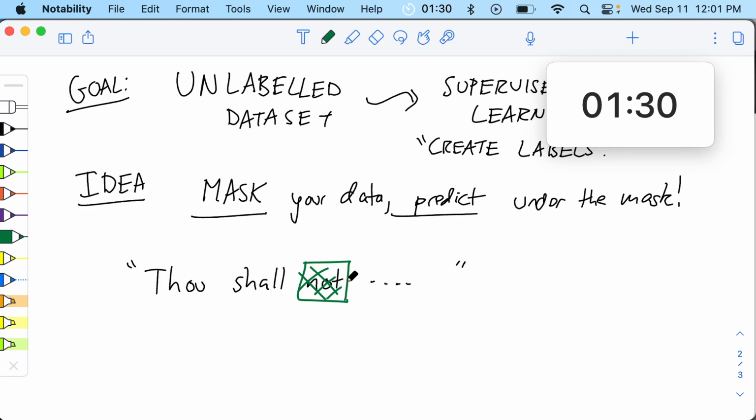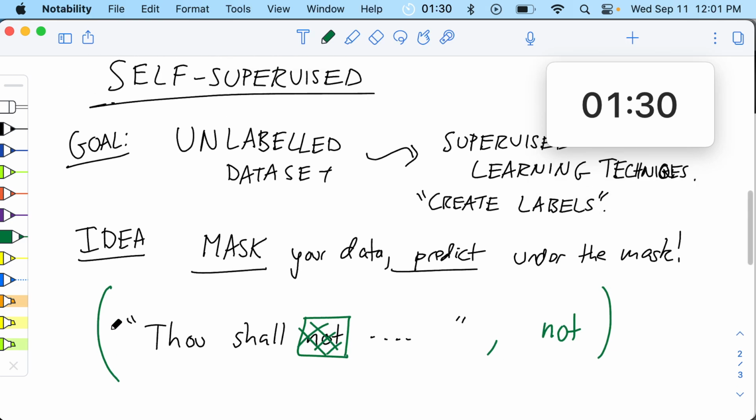And by doing that, you have taken an unlabeled thing, which is just a string of text with no label, and you have attached a label to it. Thou shalt, and the answer, by the way, is not, right? And now you have a pair of this is the input, this is the output that I want, and you've done it by taking unlabeled data and masking, covering up parts of it, and asking the computer, please predict the parts that I covered up. So we're taking an unlabeled data set, and we're going to be able to use supervised learning techniques by predicting the things that are missing.